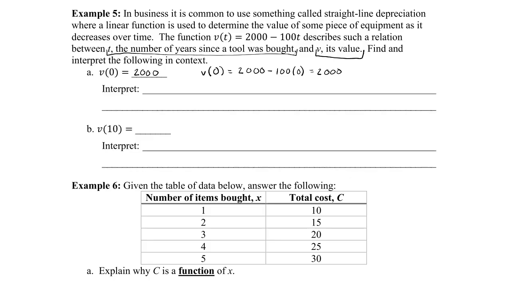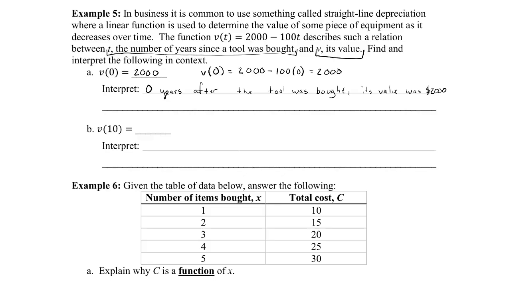We can interpret this as, so t is the number of years since the tool was bought. So 0 years after the tool was bought, its value is $2,000. Or there's another way we could phrase this, right? 0 years after it's bought, that means it's new.